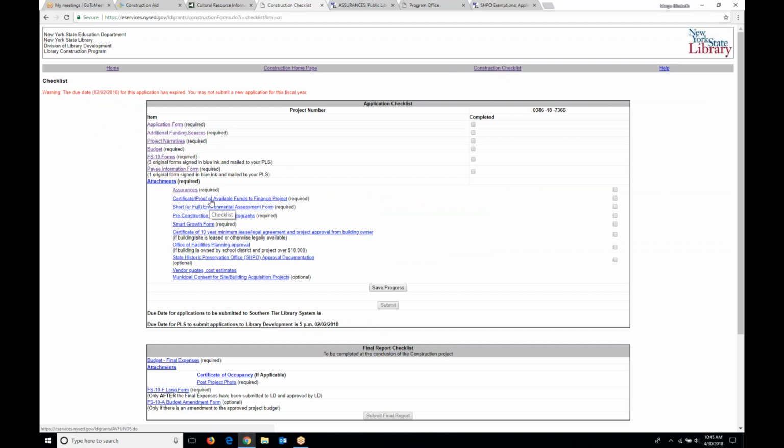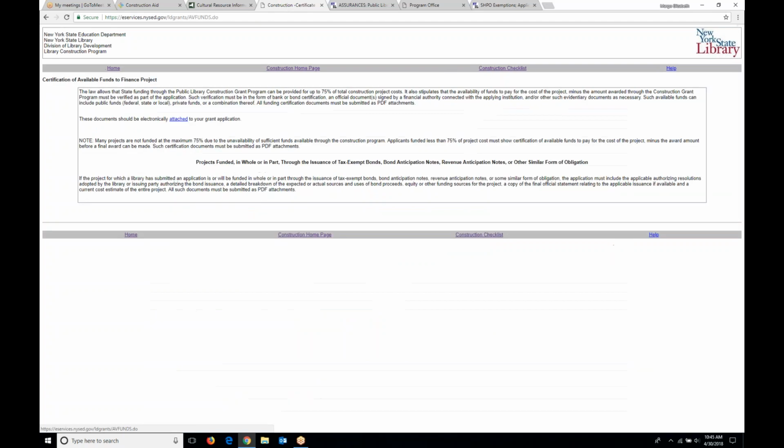Certificate, proof of available funds to finance the project. That sounds really complicated, right? Like a big form. It's just your bank statement. You will need to upload your bank statement that shows that you have enough money to cover your part of the match. It doesn't need to show anything other than the agreed upon match.